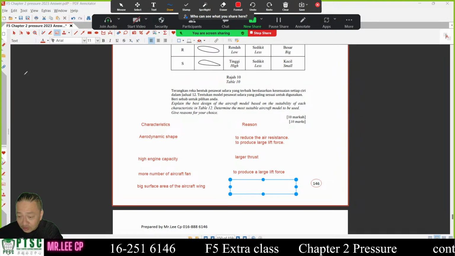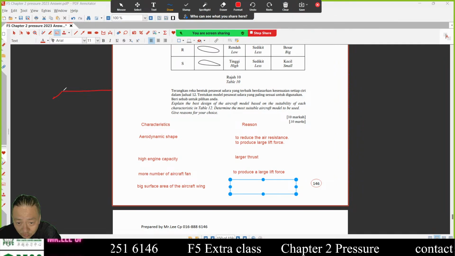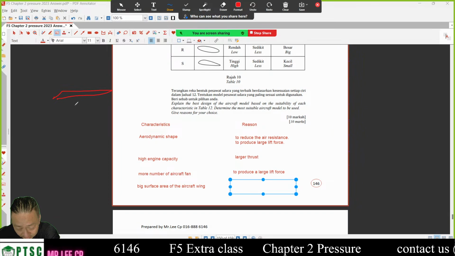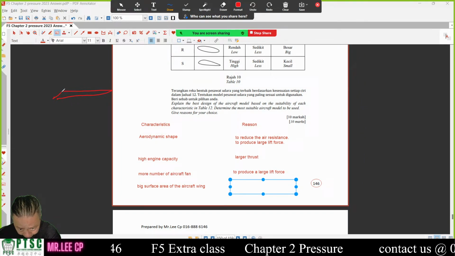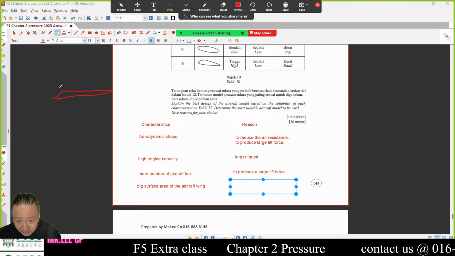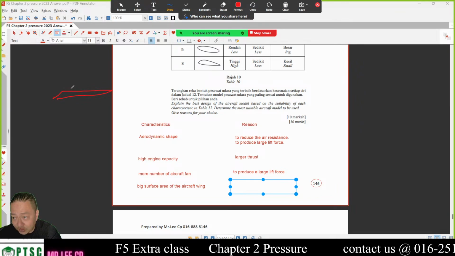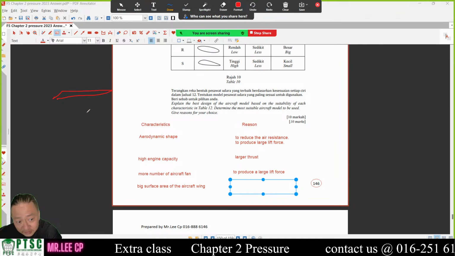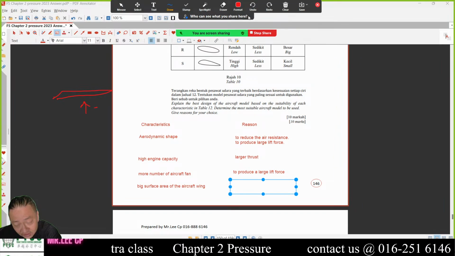If this wing area is big, it can produce a Bernoulli principle, right? It can produce a difference in pressure. So the difference in pressure is big, then it produces a large lift force, right?